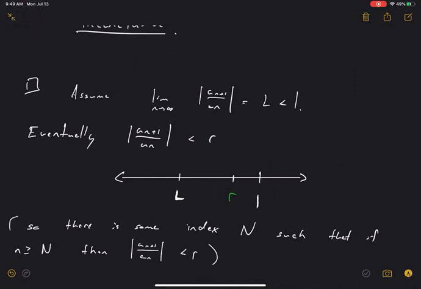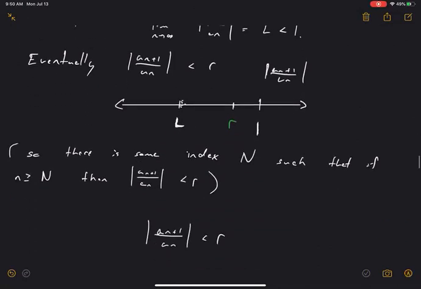If a_(n+1) over a_n, if that limit is L less than 1, eventually these terms, maybe they're over here, but eventually they're going to get very close to L, right? So in particular, they're eventually going to be less than this green number R. That's what this graphic is trying to show.